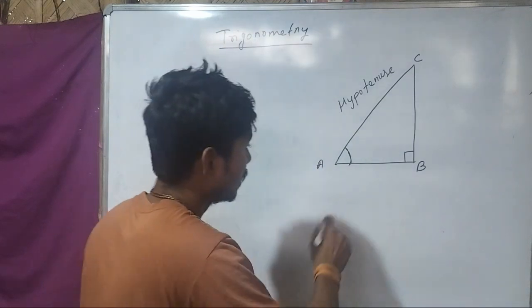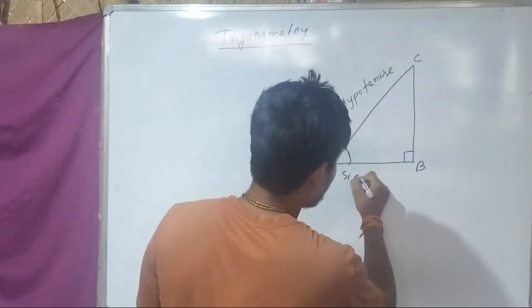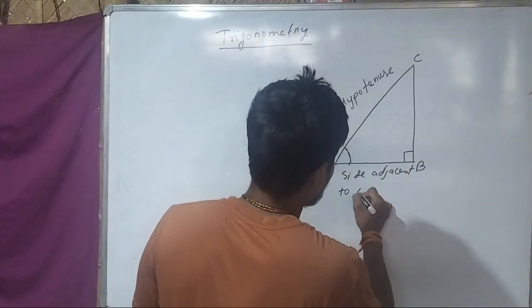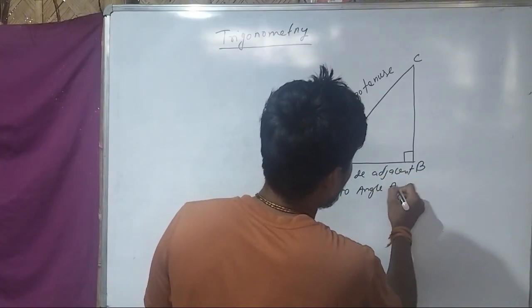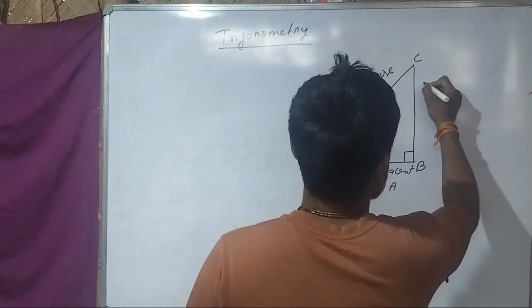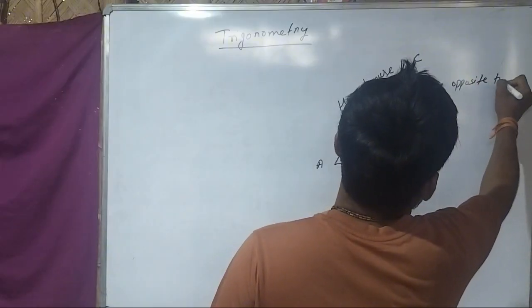I am taking angle A. If I take this angle A, then this is called the side adjacent to angle A, and this side is the side opposite to angle A.